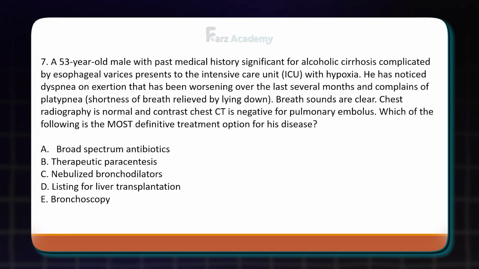Which of the following is the most definitive treatment option for this disease? Okay, so read carefully. They want the most definitive treatment, not the next step or the investigation. Options: broad spectrum antibiotics, therapeutic paracentesis, nebulized bronchodilators, listing for liver transplantation, or bronchoscopy.